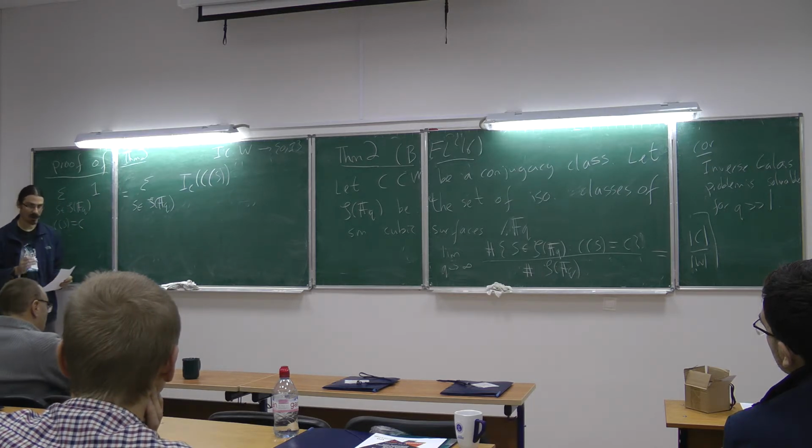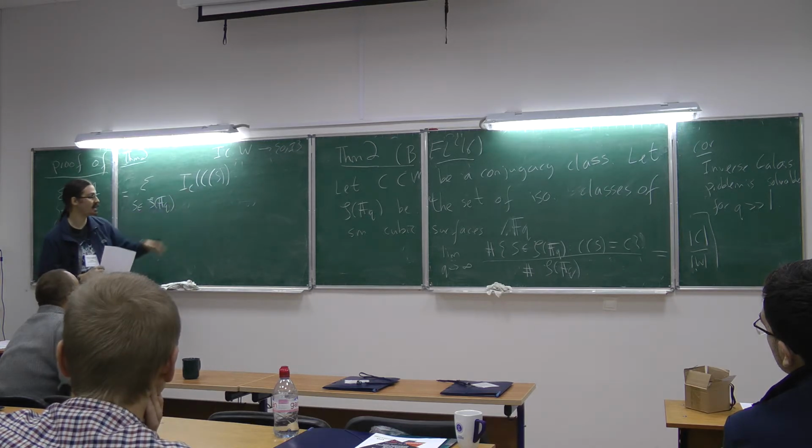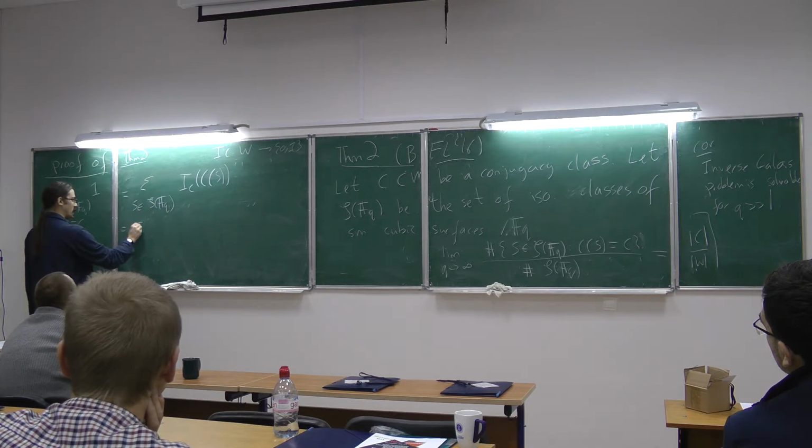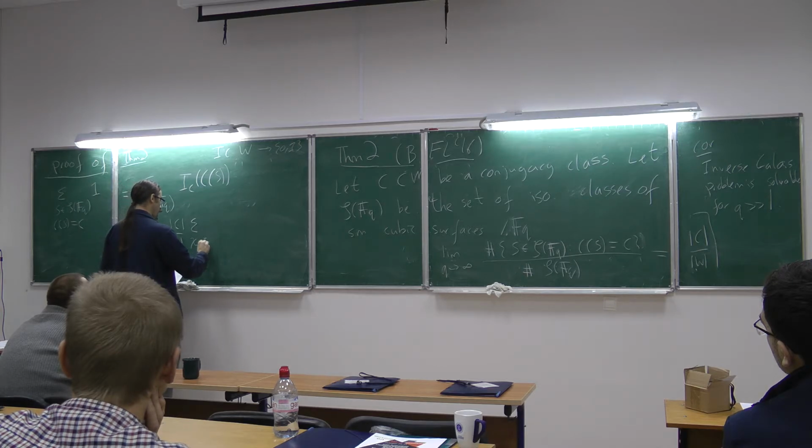So it's just simply rewriting it. But now, great thing, by character orthogonality, you know explicitly how you can rewrite this indicator function for the conjugacy class. So it's just this ratio which appears in the theorem, and then you sum over irreducible characters of the Weyl group.